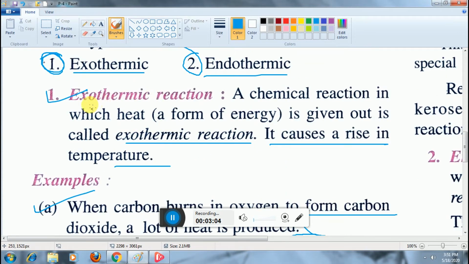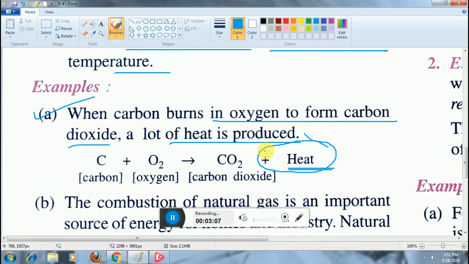Now for these exothermic reactions, the heat is evolved, so it is written as a plus, but the enthalpy of reaction, enthalpy is a thermodynamic term. Enthalpy is the sum of the internal energy of a system and the product of pressure and volume. It is also a special type of energy.